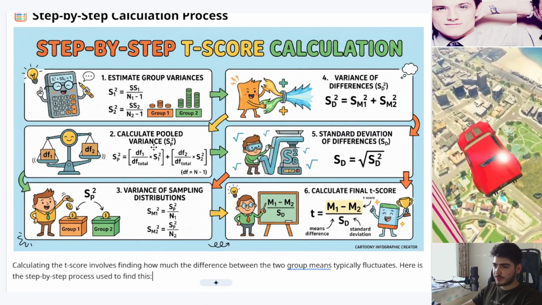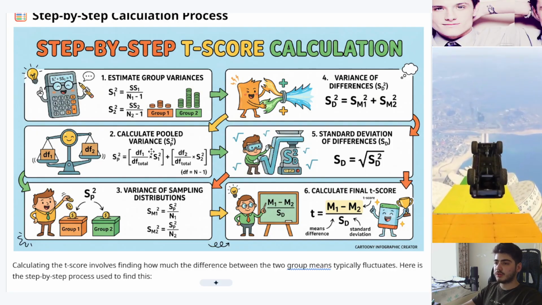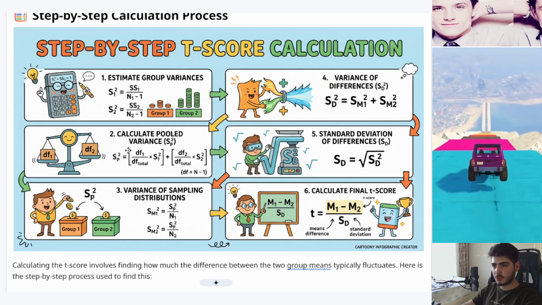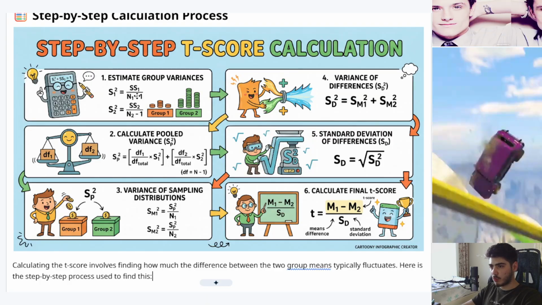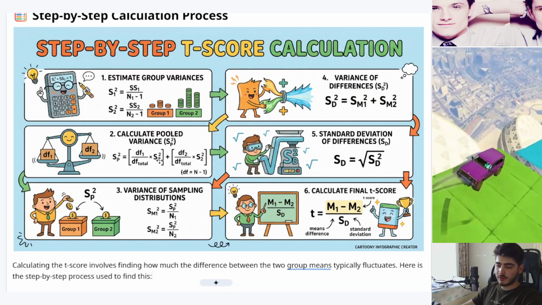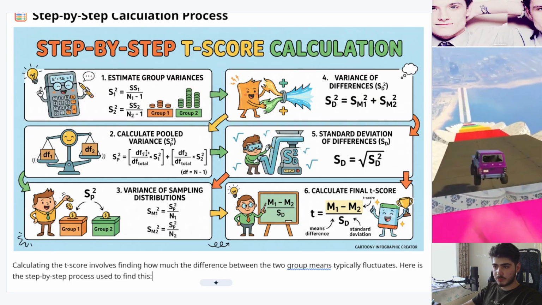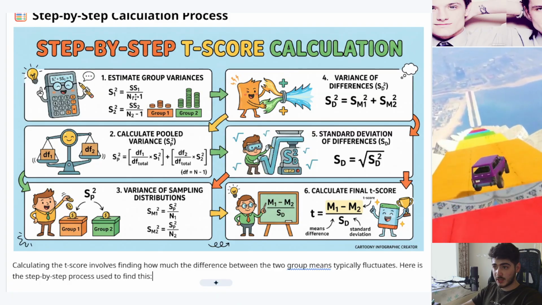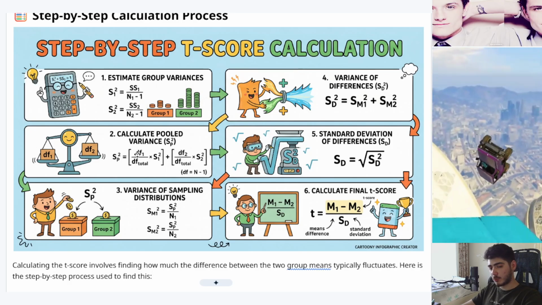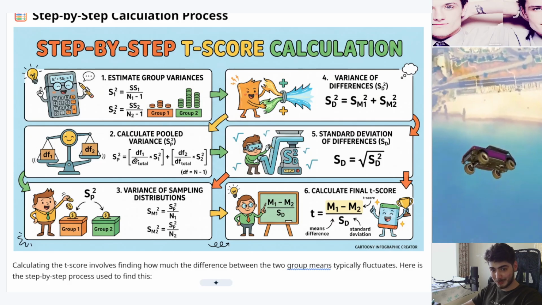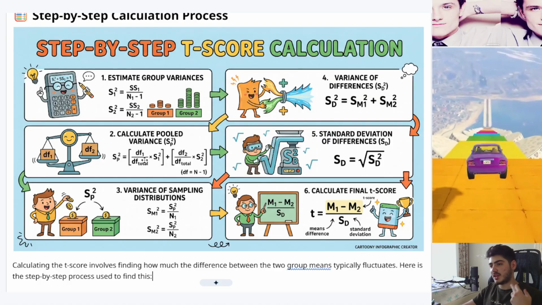So what we do is for each variance, we multiply it by the degree of freedom that we have within its scope. So let's say, looking at group 1, we are taking the variance within group 1, and then we are taking the degree of freedom of group 1, which is n1 minus 1, and then we are dividing the df1 by the total degrees of freedom that we have.